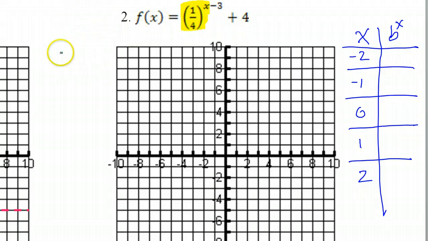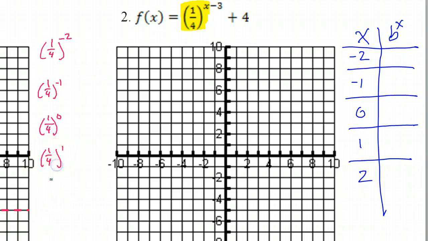So we're talking about doing 1/4 to the -2 power, and 1/4 to the -1 power, and 1/4 to the 0 power, and 1/4 to the 1 power, and 1/4 to the 2nd power.